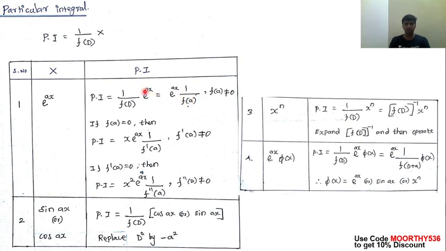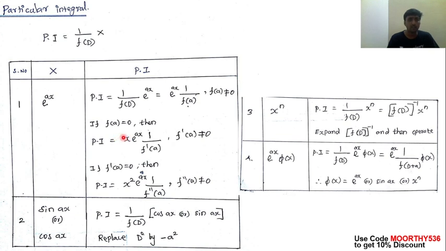Here we have to keep this e power ax in the front. Then we have to substitute the constant a instead of the letter D in the denominator. After substituting this value, f of a in the denominator should not equal 0. If f of a is equal to 0, then 1 divided by 0 is infinity, so the ordinary rule fails. So we have to change the procedure.